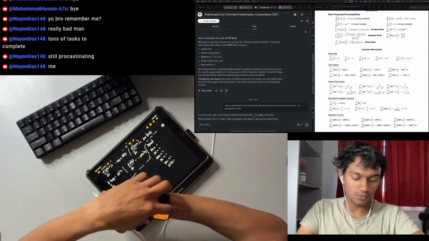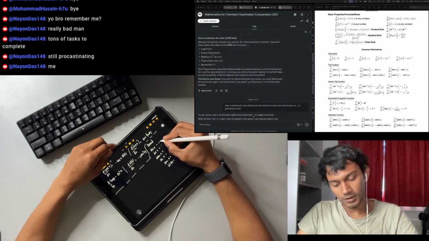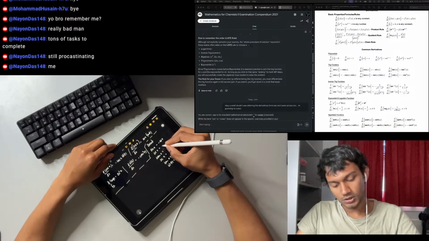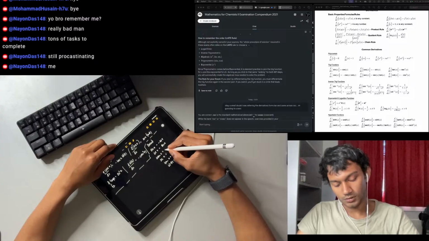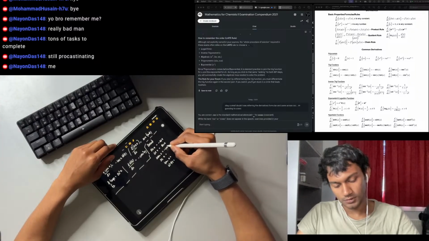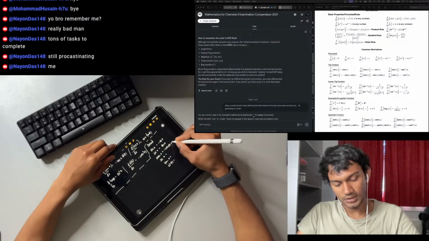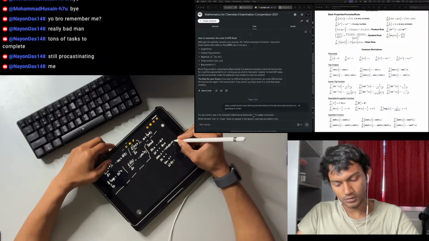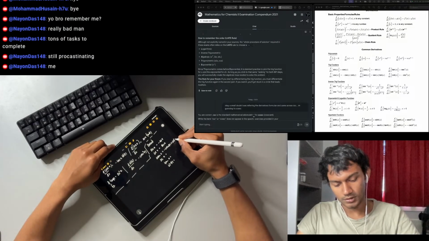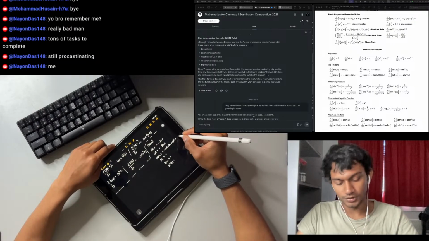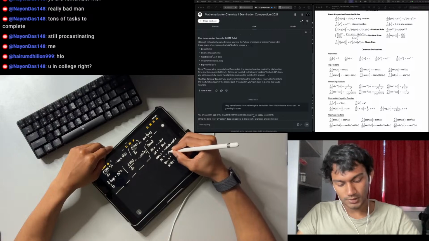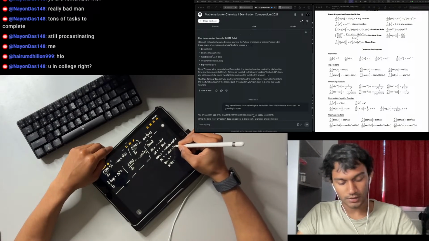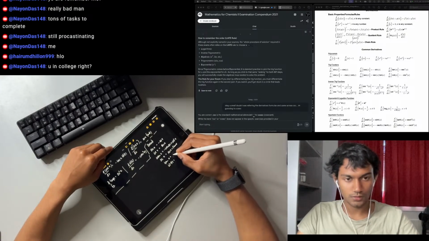Sin x is minus cos x. Cos x is sin x. Cosine x is minus cosine x times cot x. Yes. Sec x equals sec x times tan x. Tan x.